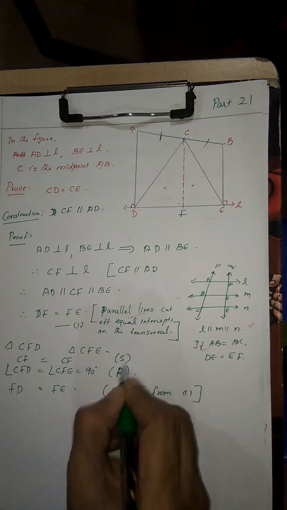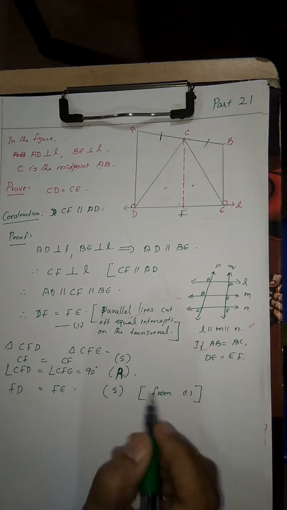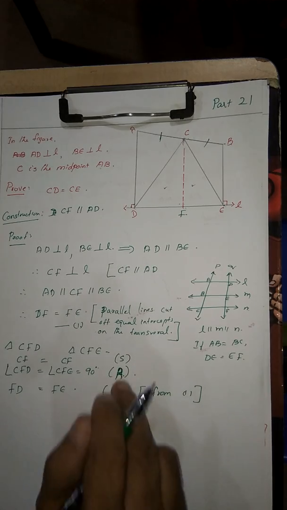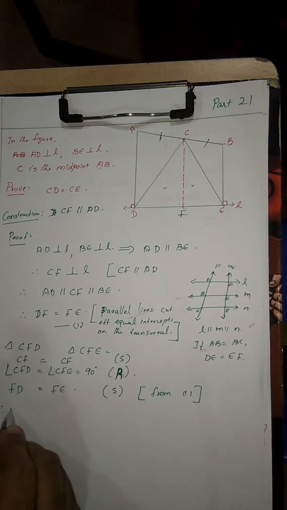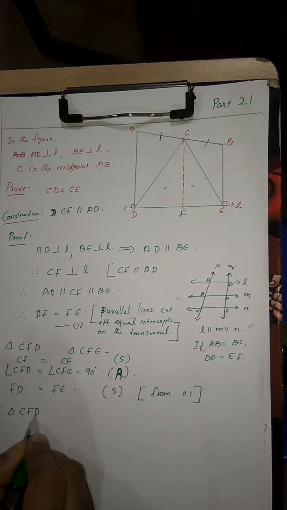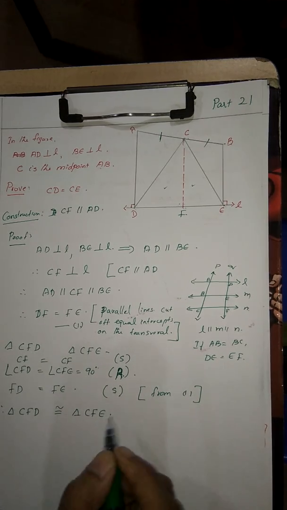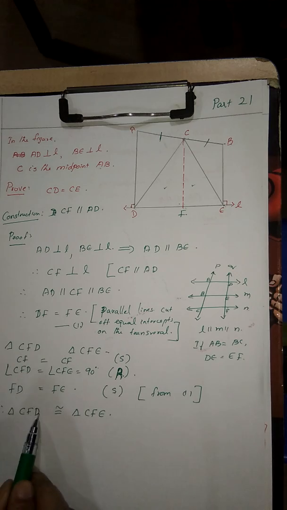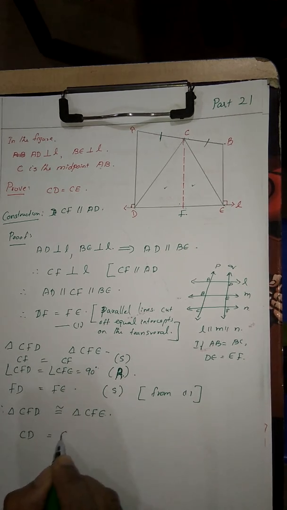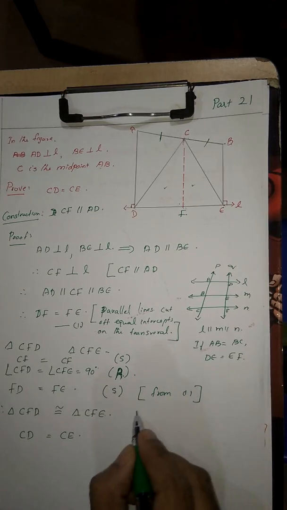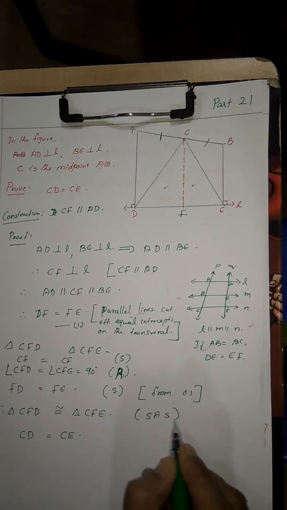That is side, angle, side. So SAS. Therefore you can say triangle CFD is congruent to triangle CFE. So from that we can write CD is equal to CE. This is SAS congruence.